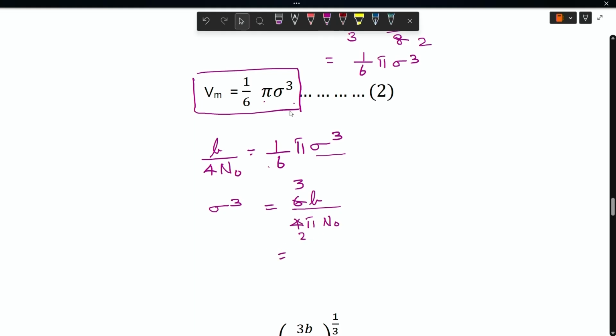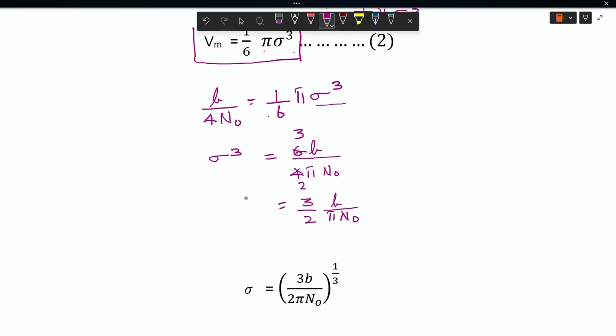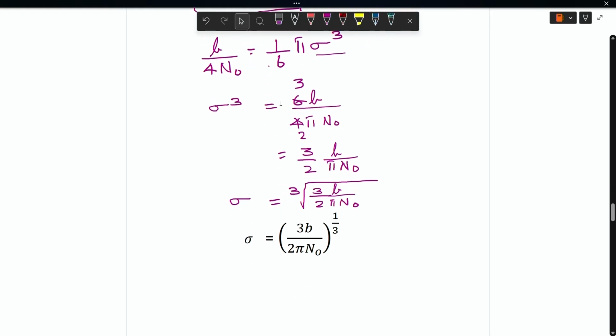So, that is equal to 3 by 2 B by pi N0. This is the cube root of sigma. The molecular diameter sigma is equal to the cube root of 3 by 2, numerator B, denominator pi N0. This is written as raised to the power 1 by 3.